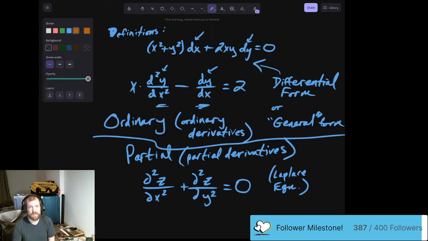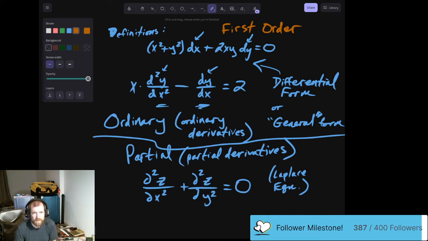And in both of these cases, we also have an order. Because we have taken a single derivative of this particular function. Well, it's not a function necessarily, but we've taken a single derivative of the equation that was here and separated it into dx and dy pieces.